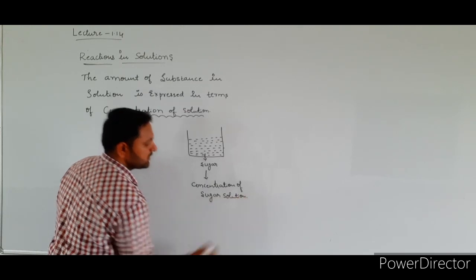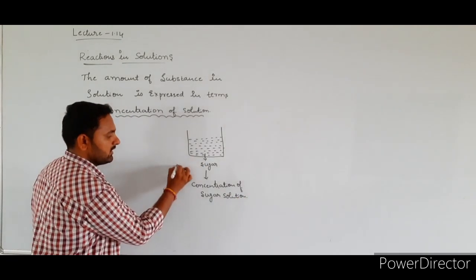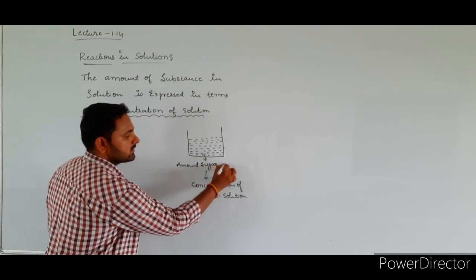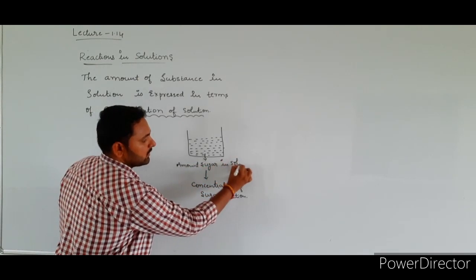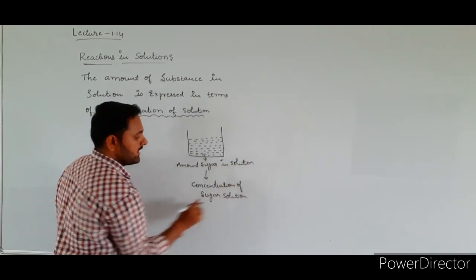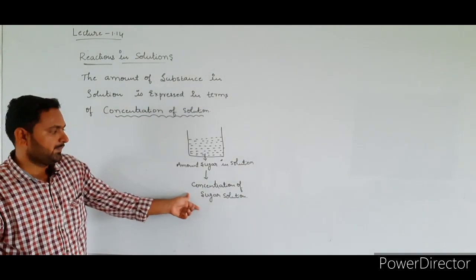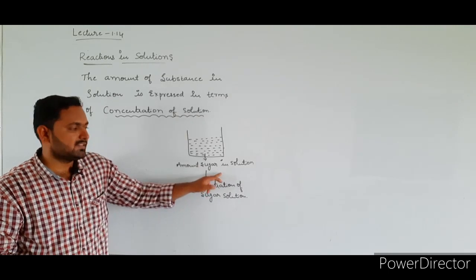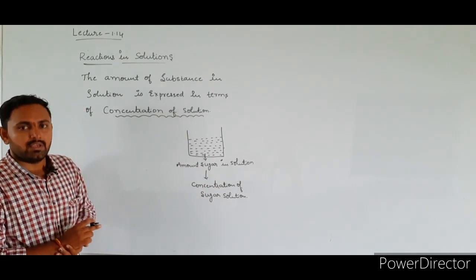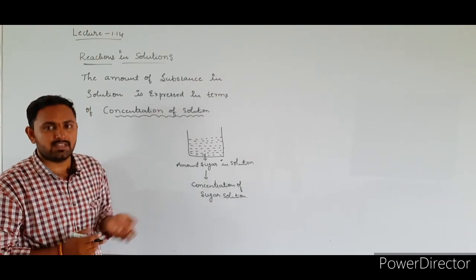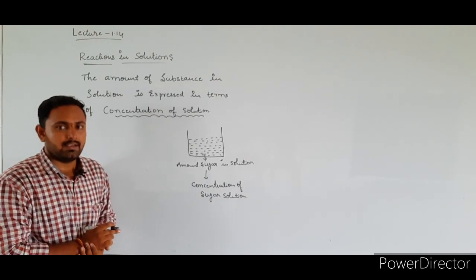When the sugar is in solution form, the amount of sugar in solution is expressed as concentration of sugar solution. The amount of sugar in solid state we can express in grams, kg, quintal, or ton.